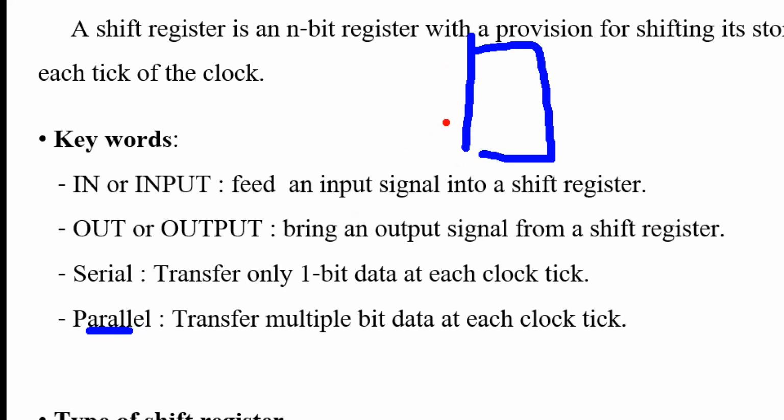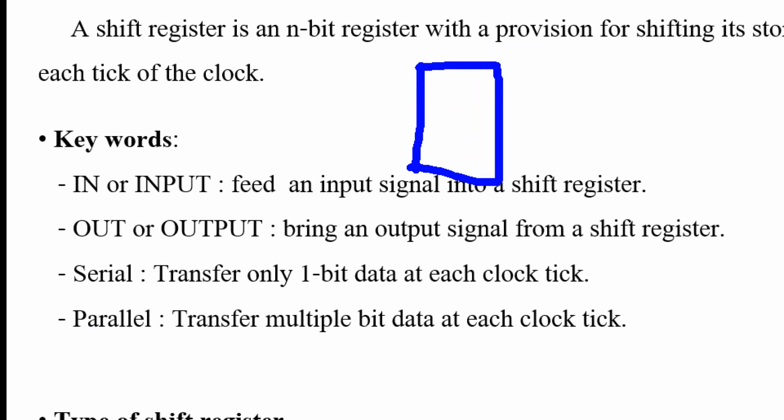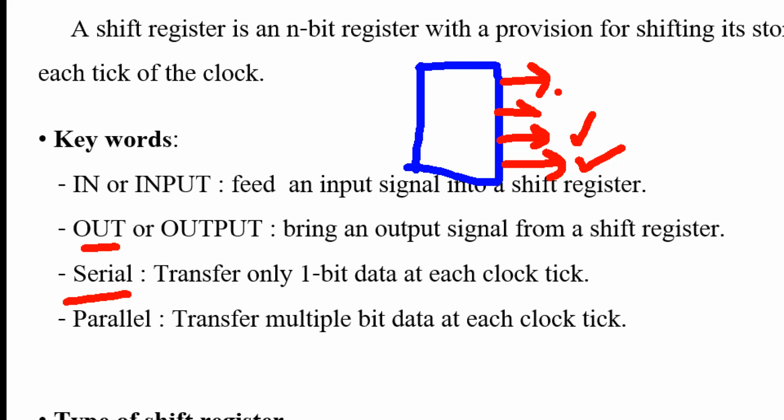For parallel in, when the clock ticks, the system reads multiple bits at the same time. About the output, if you use only 1 bit as output, this is serial out. But if you use multiple bits from the output, it's called parallel out.